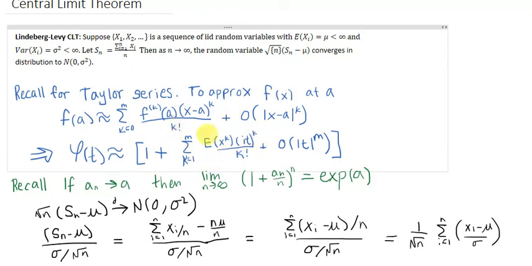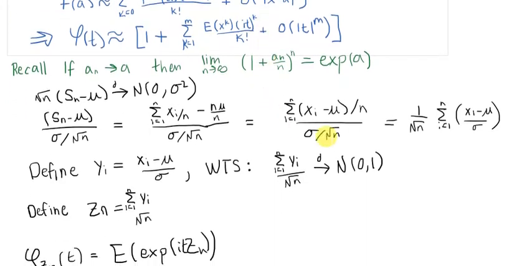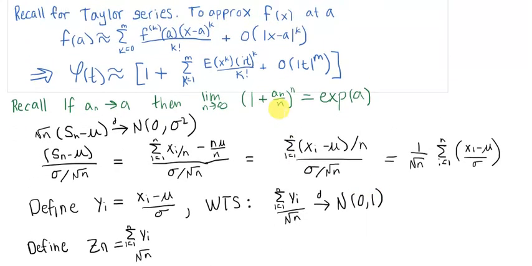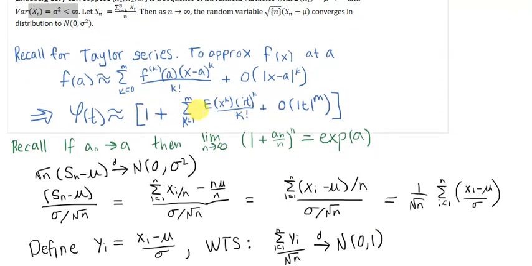How many components we have of the Taylor series approximation depends on how many finite moments we have. And right now, it's only given that we have the first two moments that are finite. That's given because of the settings. The expected value of x is finite, and the variance of x is finite. This means the expected value and the variance of y is finite. So we can only go up to 2 moments.